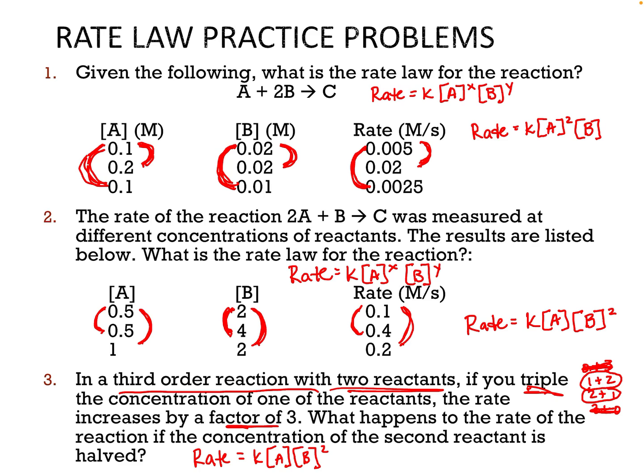If we halve the concentration of the other one, what happens to the rate? So we have K, we're going to leave A alone, but we're going to halve our concentration of B. Well, 1/2 squared will decrease our rate by a factor of 4. So we will quarter our rate.